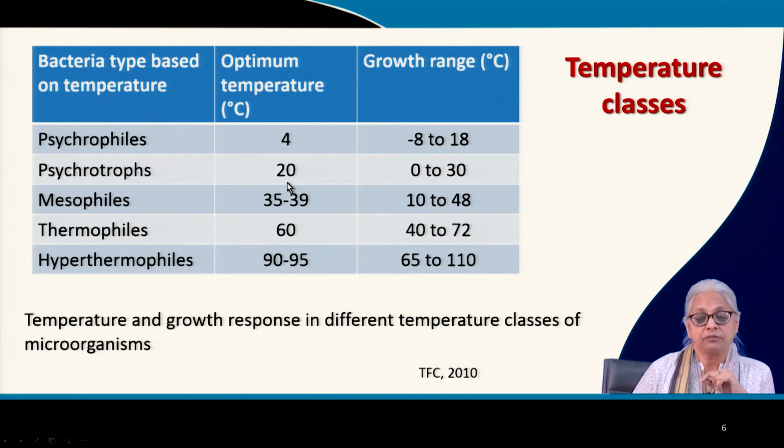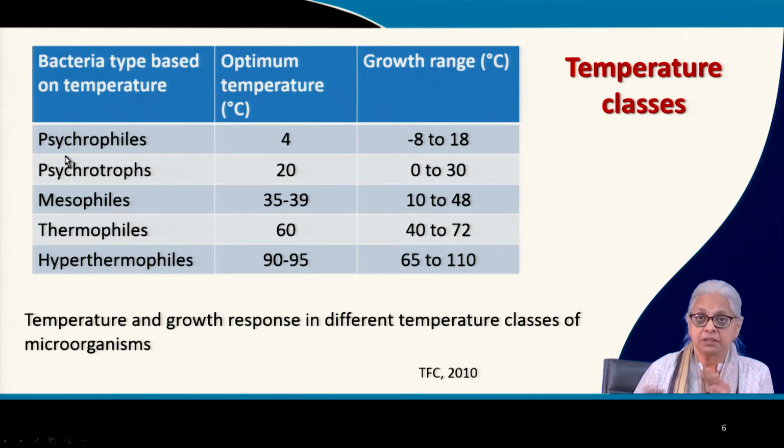Psychrotrophic bacteria have a 20 degree optimum temperature and a 0 to 30 degree range of growth temperatures. These are bacteria that can and do exist in Arctic as well as Antarctic regions, or even higher altitude regions where there is very low temperature, like the Himalayas and so on. So these are where you can find these bacteria.